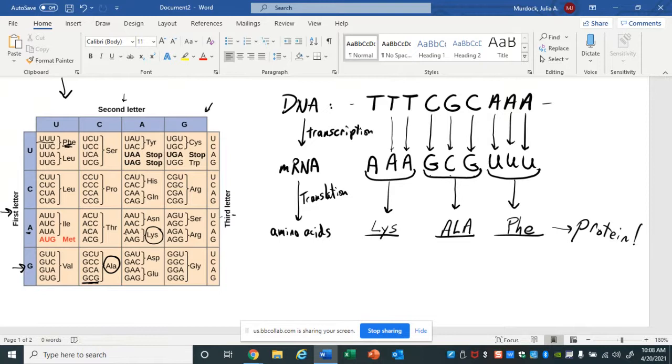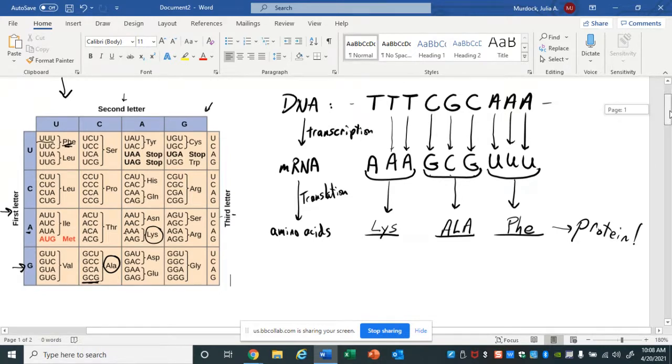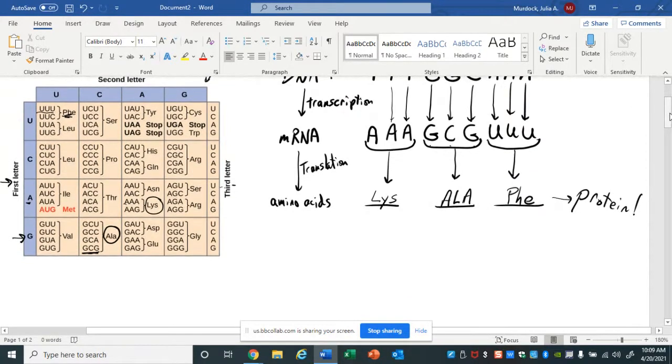Okay, so let's just do a few more. Let me give you another codon. What if your messenger RNA codon was AUG? What does that give you?